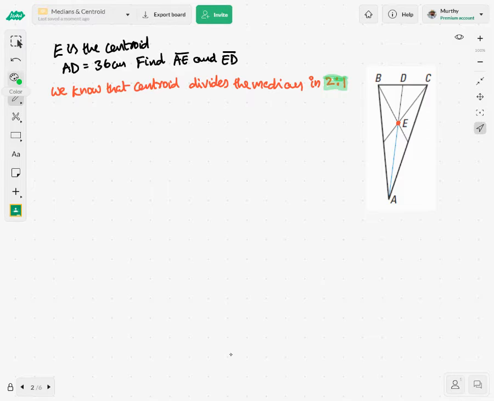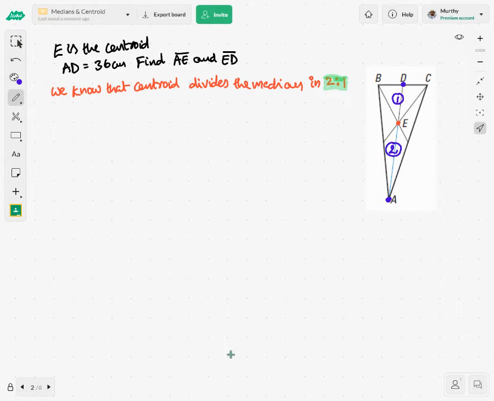Now how to figure out the length of AE and ED? So A is the vertex and D is the midpoint. From the vertex, always this is longer, don't forget, and towards the base that is the short one.